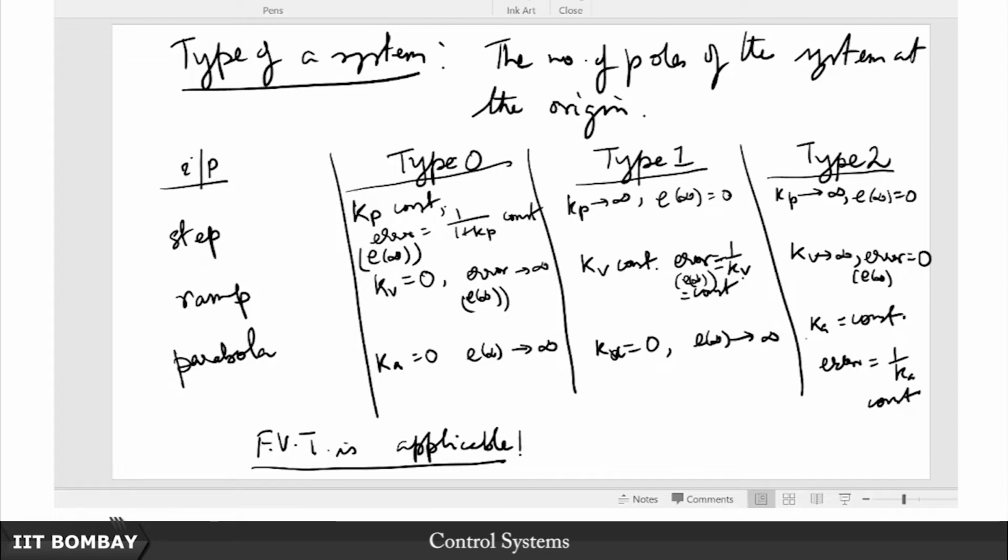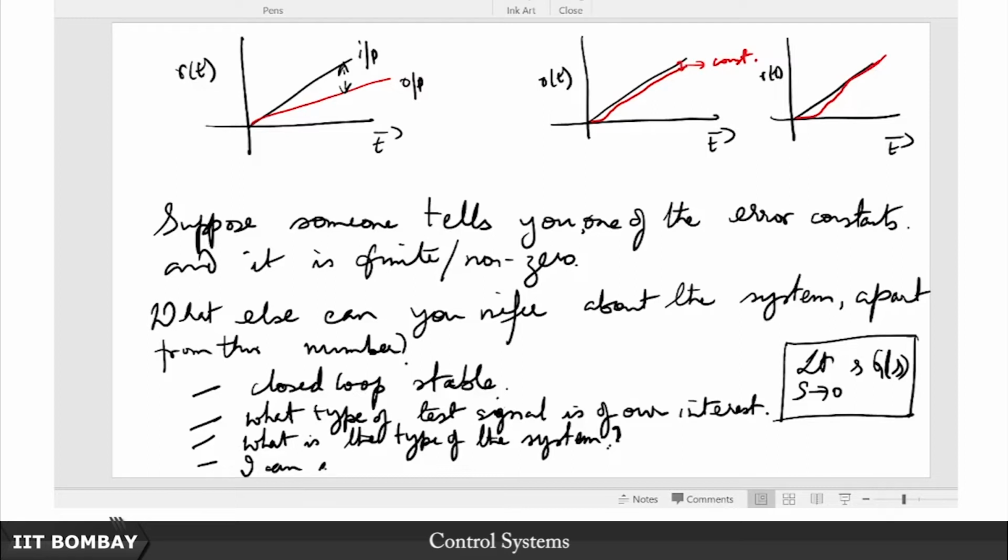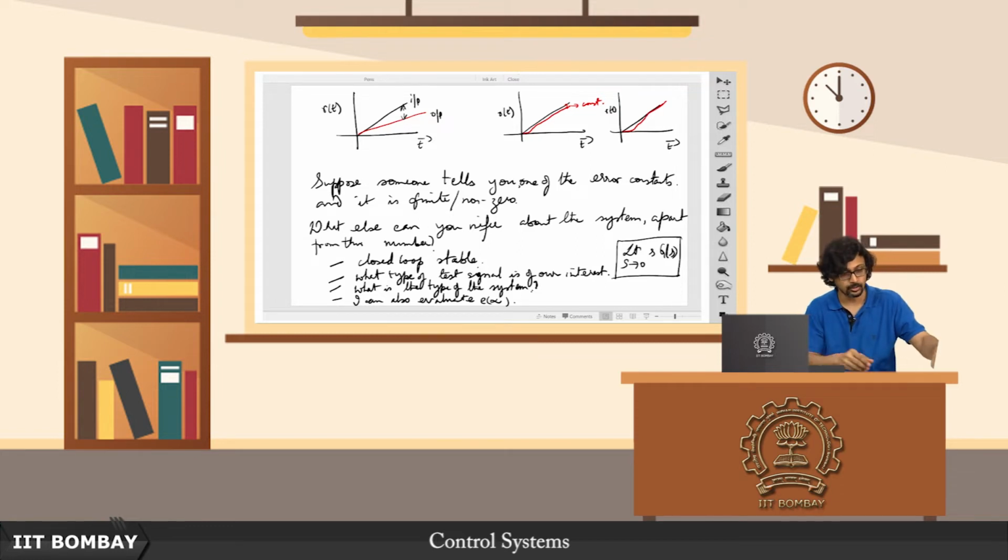So apart from these three bits of information, I can also evaluate E infinity. All these 4 bits of information, with just that one simple number, are straight away made available to me. That is why this is an important piece in the puzzle. This number might seem like a petty insignificant number, but it actually does tell us quite a lot.